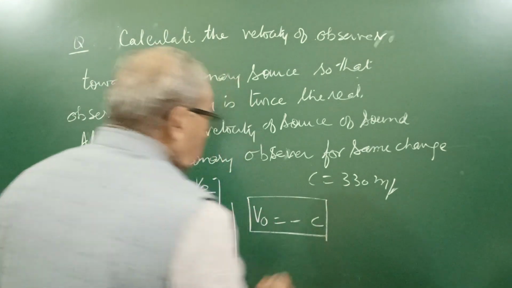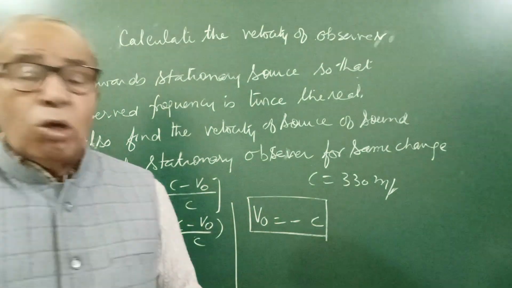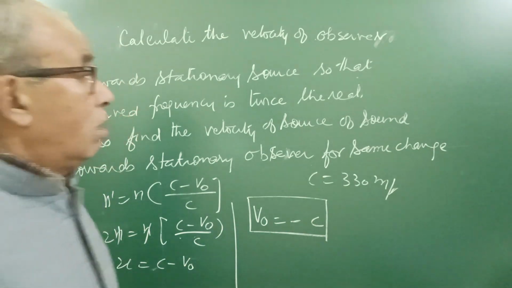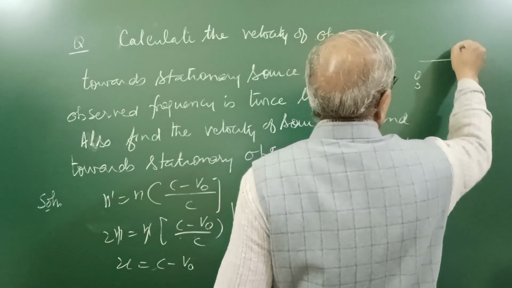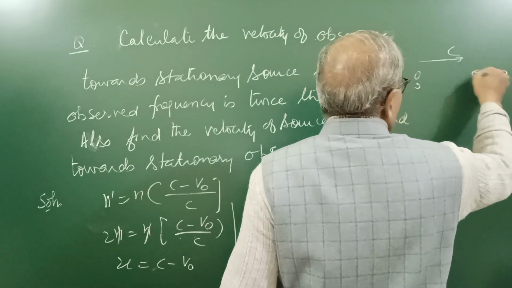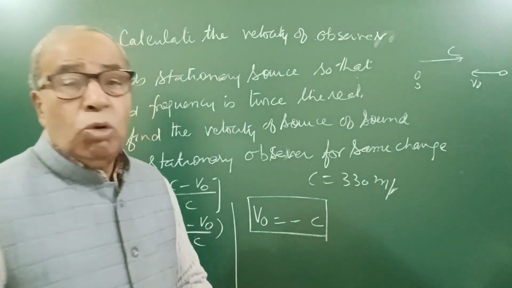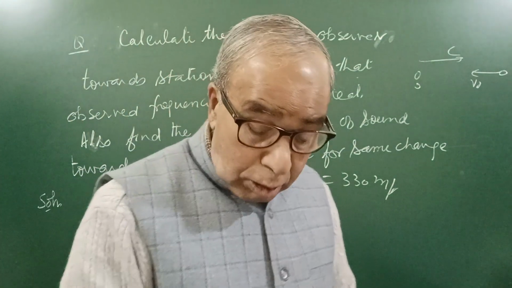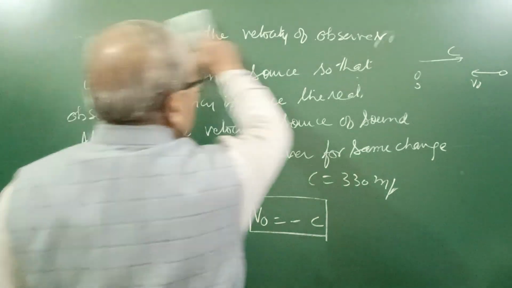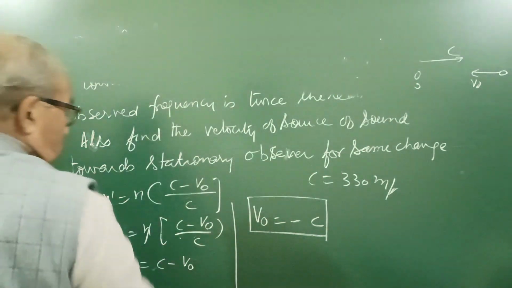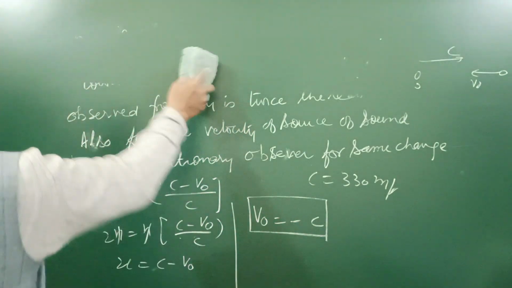That is, the magnitude of the observer's velocity equals the magnitude of the velocity of sound, but the sign is opposite: sound goes this way, the observer comes this way. The minus sign indicates that VO is opposite to the velocity of sound.